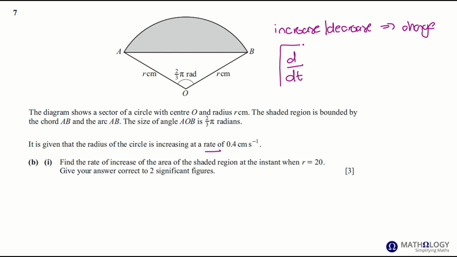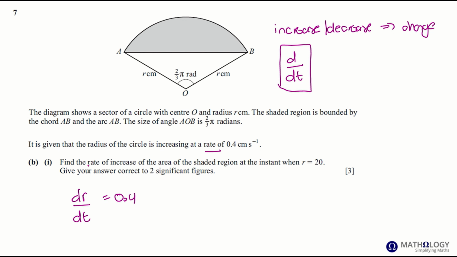This differential is the rate of change. So the fact that the radius is increasing at a rate means that the radius is changing. The rate at which the radius increases is 0.4 centimeters per second. So we're given the differential dr dt.